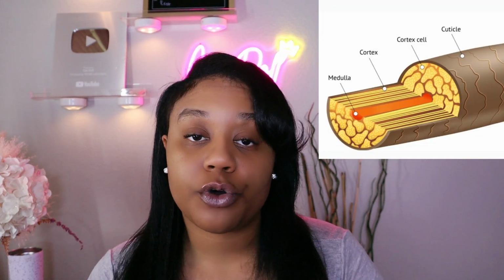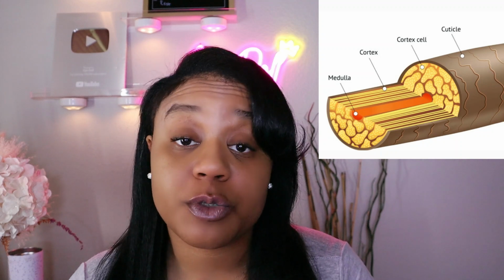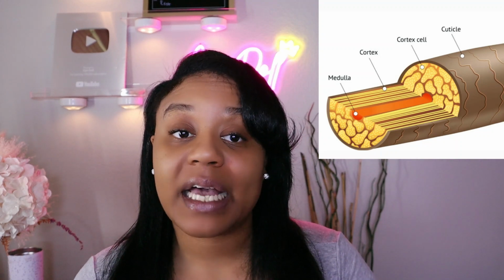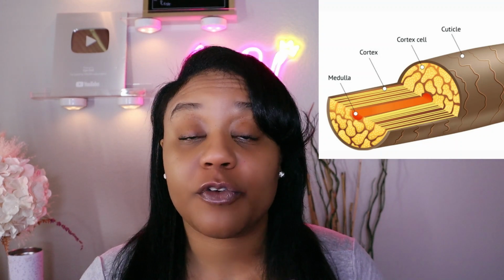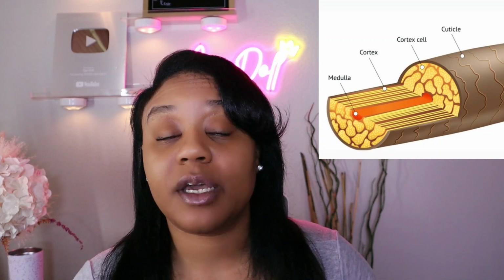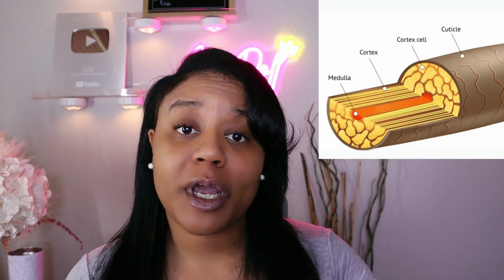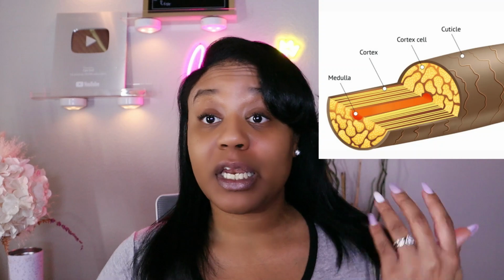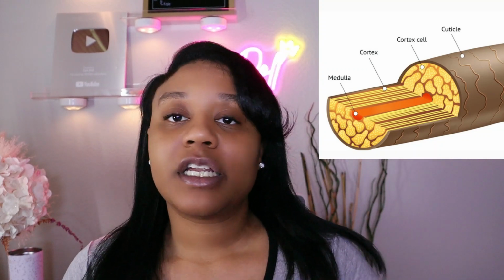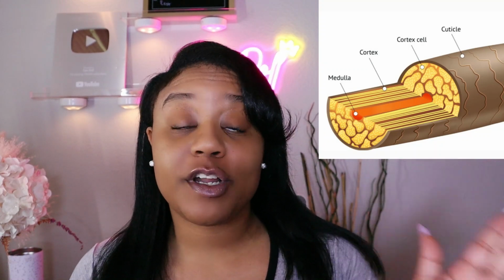So what are the purposes of the cuticle? Well, one of its number 1 roles is protection. The cuticle acts as a protective barrier for the cortex and the medulla. It protects them against UV radiation, different pollutants, and all other things.